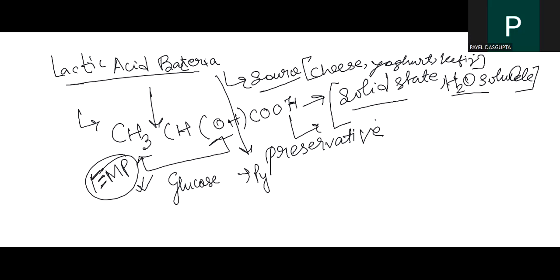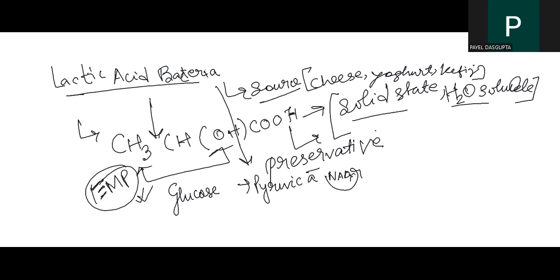Okay, and from there, in the presence of NADH, NADH will give you NAD plus, and we will be getting the lactic acid. Okay, this is how we are getting it.